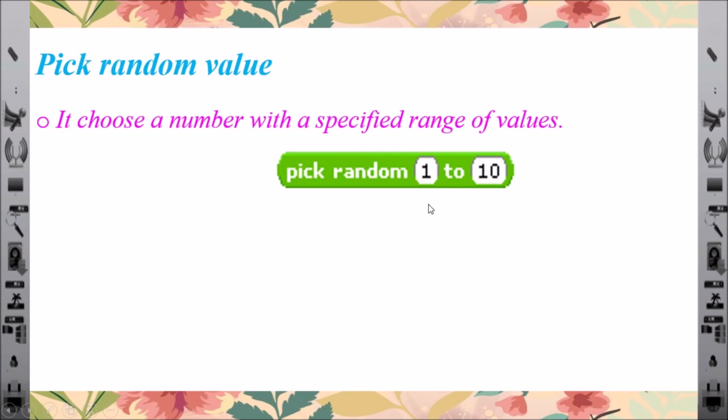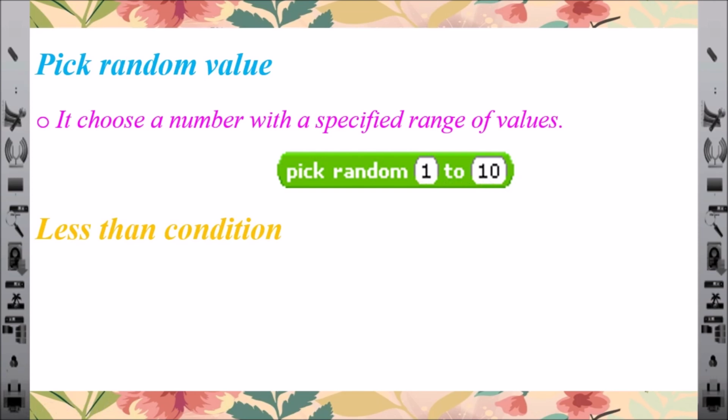Okay, then next one, the less than condition. If you want to check a condition, when the left hand side number is less than the right hand side number, the condition is satisfied. That means the result is true.